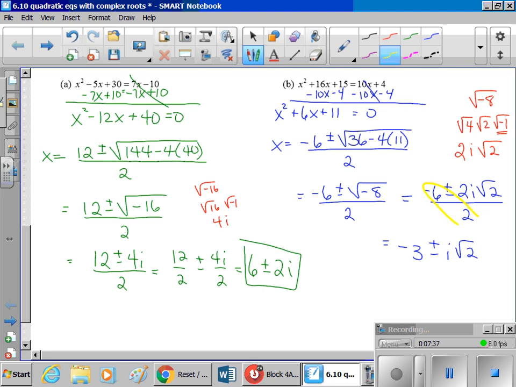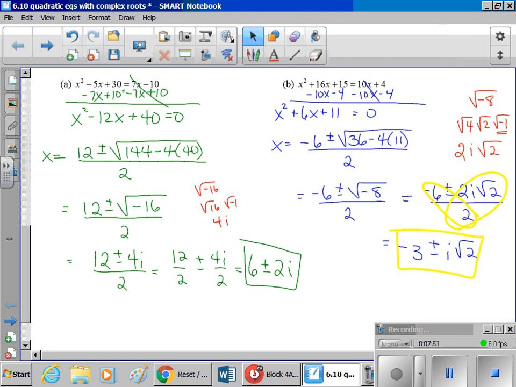Remember, we have to do this, and then we have to do this. How are we feeling? If you need to pause at this point and take a look at it again, or maybe even rewind it, go ahead and do that.